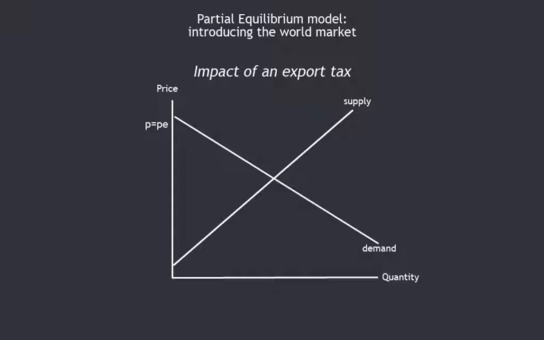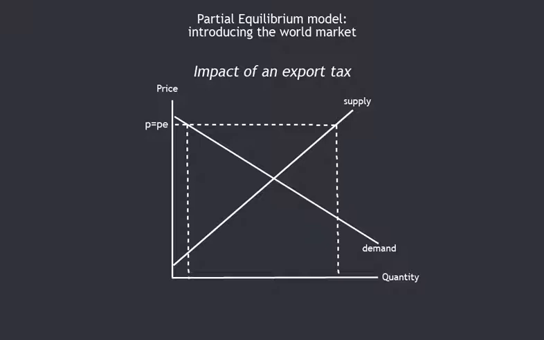So at the initial price, without any export tax, the domestic price is aligned on the world price: P is equal to PE. At this price level, the supply is much greater than the local demand, and so the difference is exported to the world market.